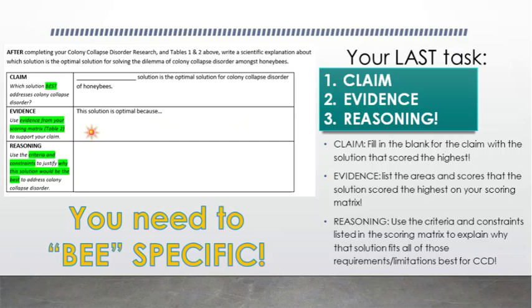If she scored a 2 in that first category and the other solutions only scored a 1, that would be really good evidence to say, compared to the other solutions, it met this criteria and this constraint better than the other ones that I saw. Does that make sense to you guys? You're just using your scores based on the different categories to explain why that one was the best, or why it scored the highest. Again, if there's a tie, maybe you can add something about how it's the most realistic.